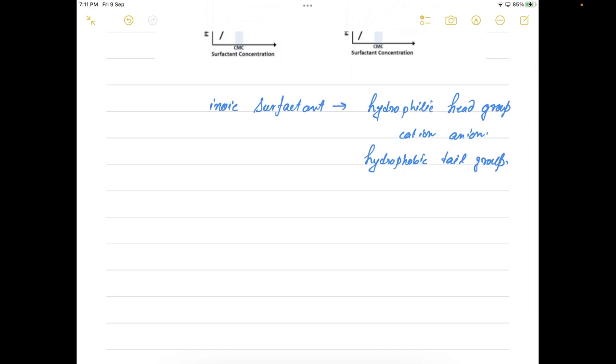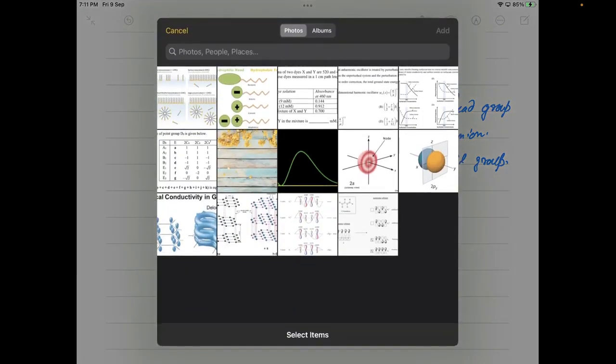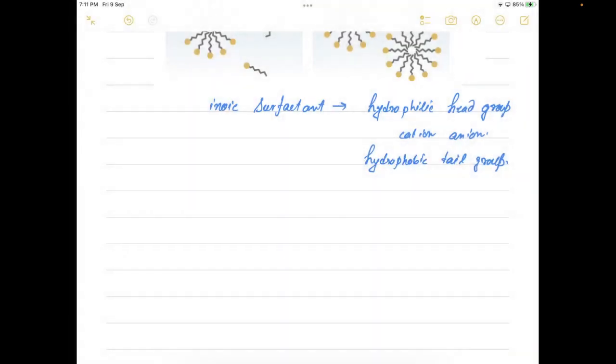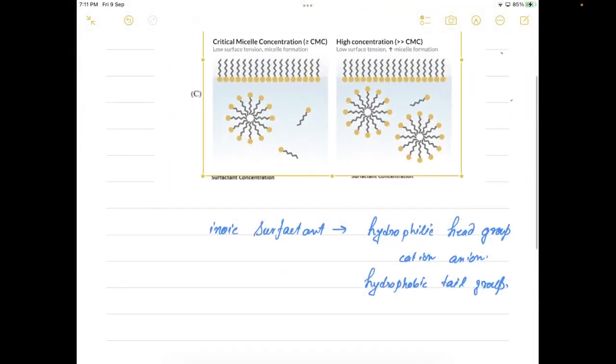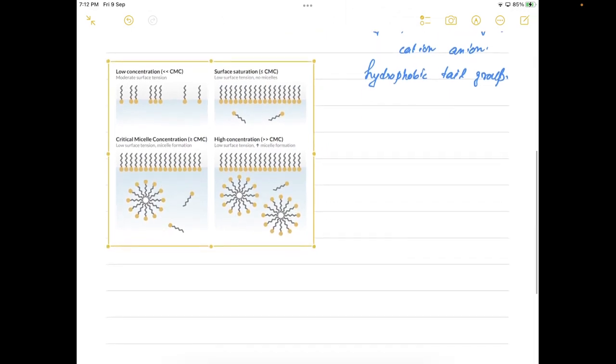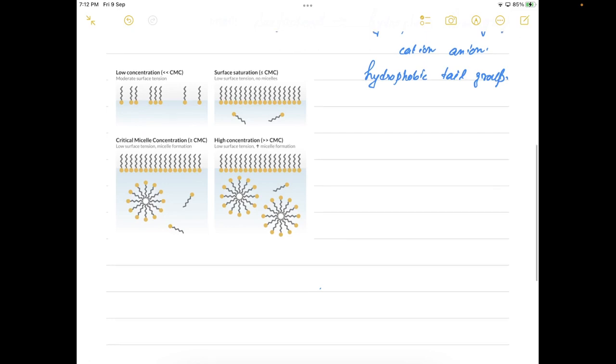This is the pictorial representation. This is a water solution, and these long chain hydrocarbons are surfactant molecules with a hydrophilic head group and a tail group.